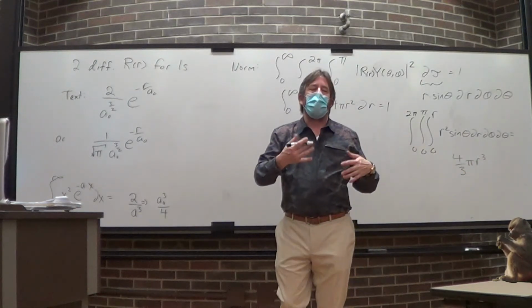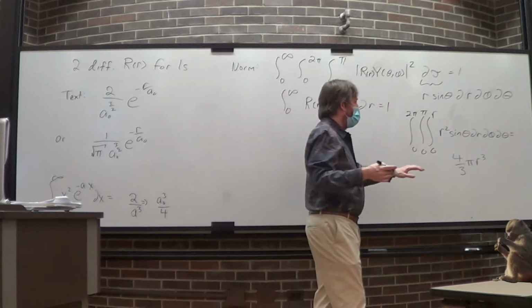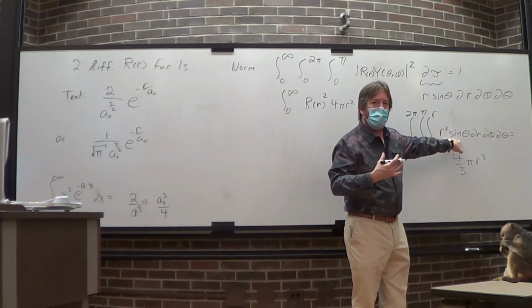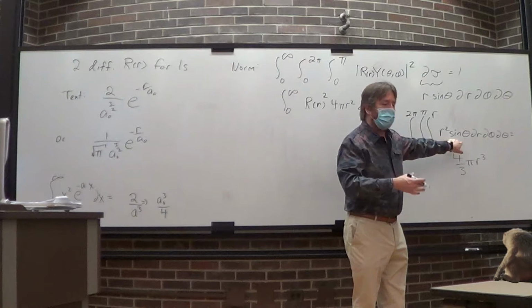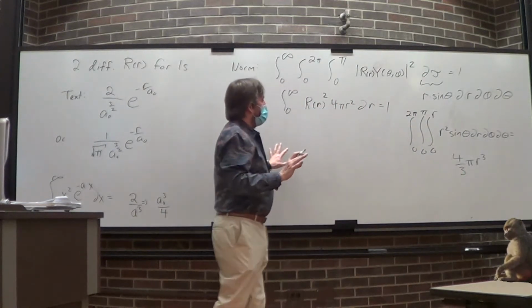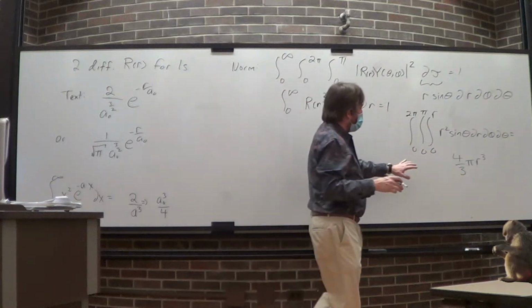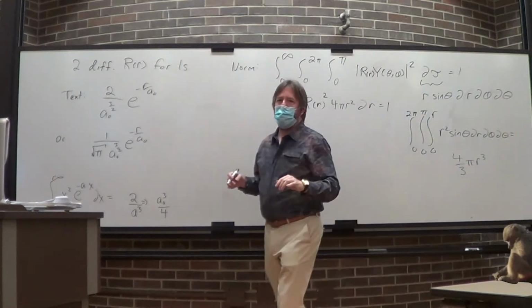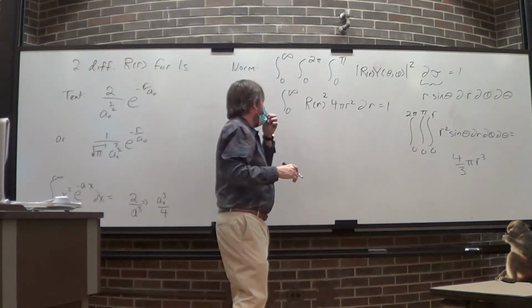Integrating r theta phi should be volume, but it has a slight problem, which requires a fix-it, the Jacobian. With that little fix-it, you get volume. Right, so there you go. Now the 4 pi comes about from the angles, so that's why it's there.